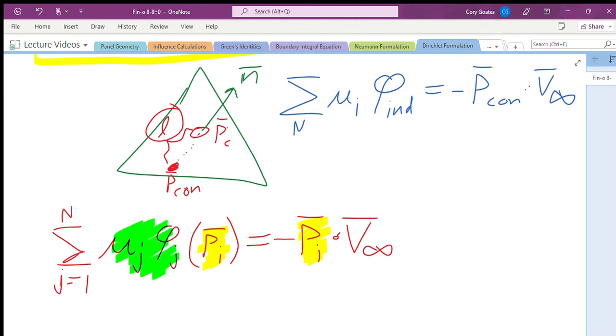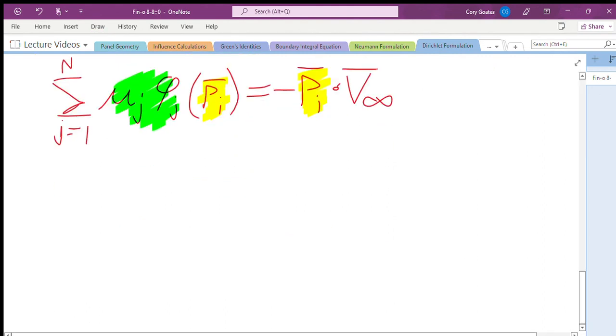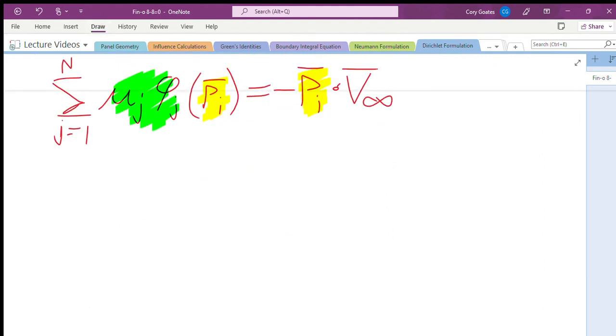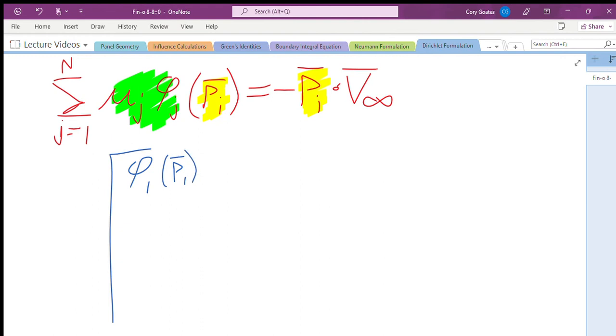So if I want to gather this all up into a big matrix equation, this is phi 1 at control point 1, phi 2 at control point 2, and so on.